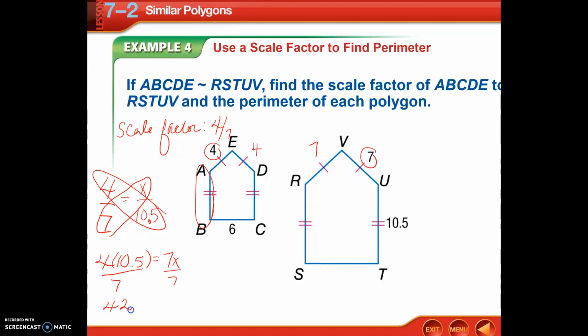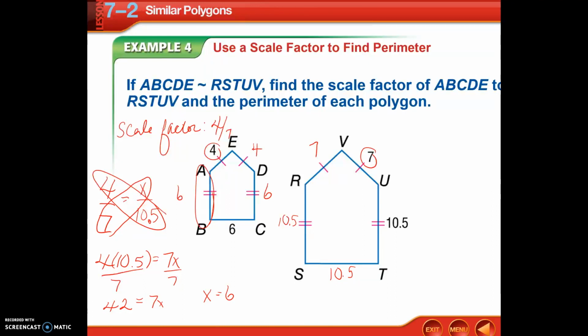So 42 equals 7x, and then we divide by 7, so x equals 6. So this is 6, which makes this 6. So this will be 10.5, and notice these three are equal, so these three also have to be equal for them to be the same shape, even though it's really not drawn to scale at all.